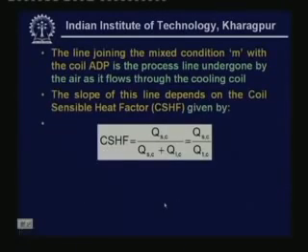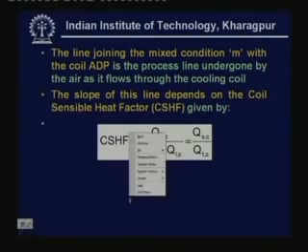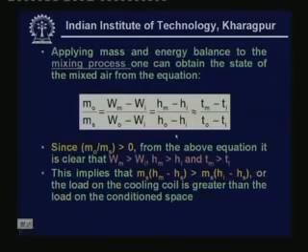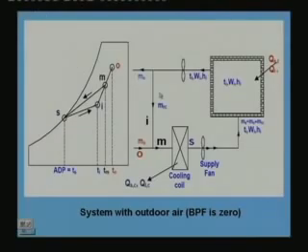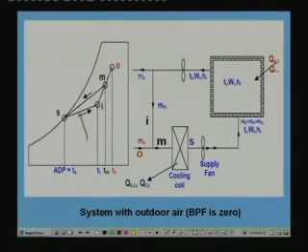The line joining the mixer condition M with the coil ADP is the process line undergone by the air as it flows to the cooling coil. The slope of this line depends on the cooling coil sensible heat factor. Let me just show this. What I am talking about is this line. As we know, this line is your RSHF line.